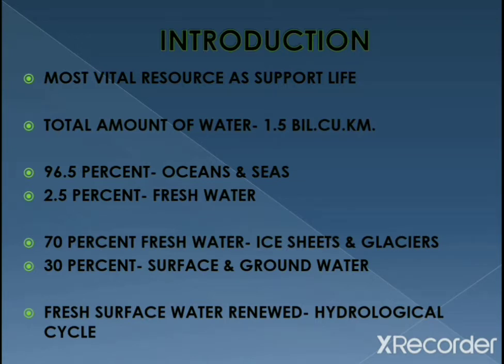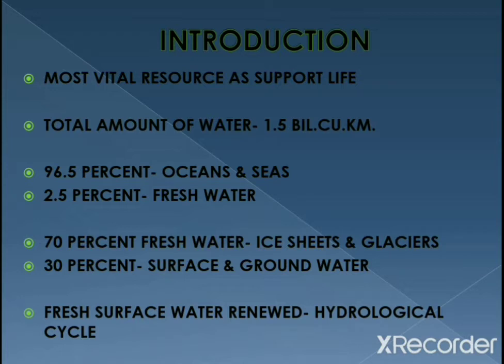The total amount of water on the surface of the earth is estimated to be about 1.5 billion cubic kilometers. Among this 1.5 billion cubic kilometers, 96.5% belongs to the oceans and the seas, and only the remaining 2.5% is considered a fresh water source.